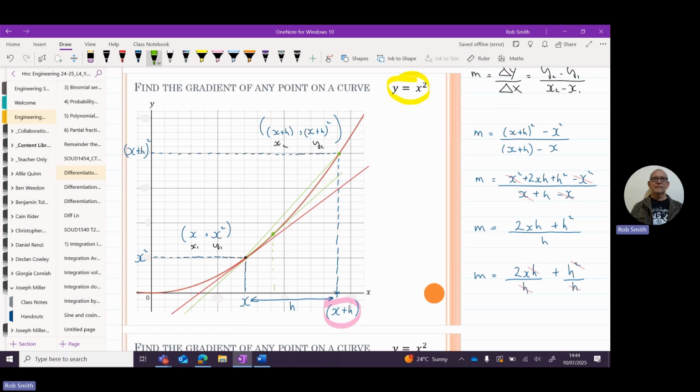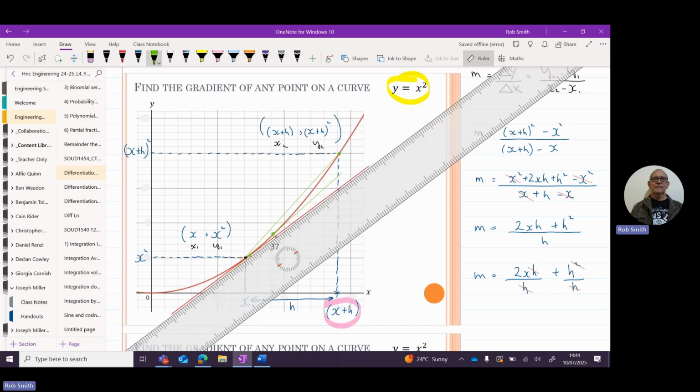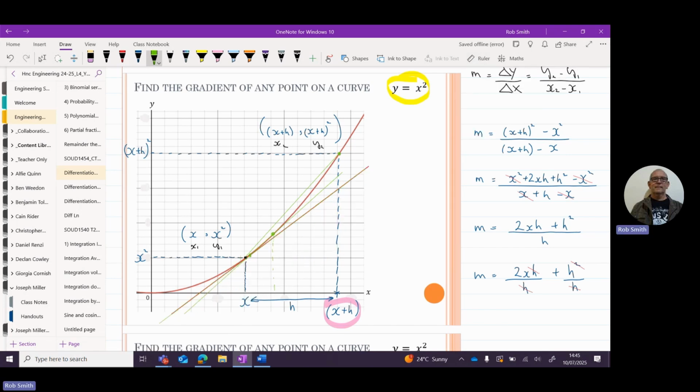So I hope you can see now that if I make h really, really small, keep on getting that close to my x value, then that green gradient is going to get very close to what I want. So if I had put my green dot right here and tried to draw my line of the gradient for these 2 points, you can see it's virtually going to be on that line.